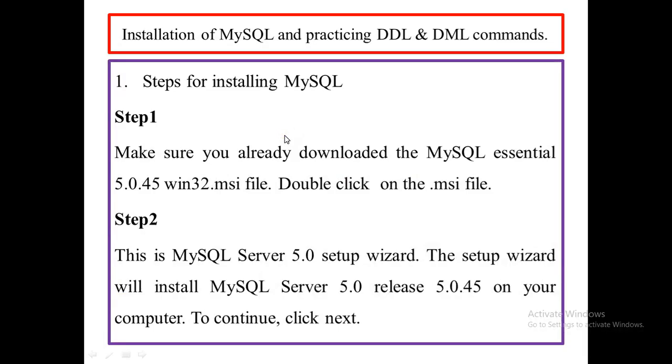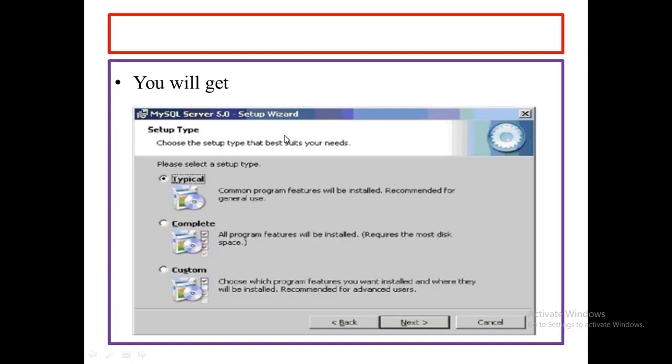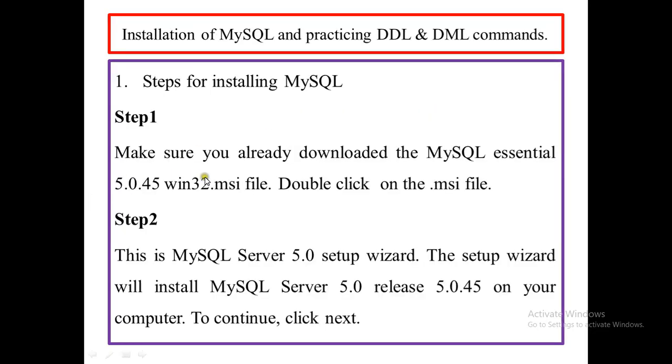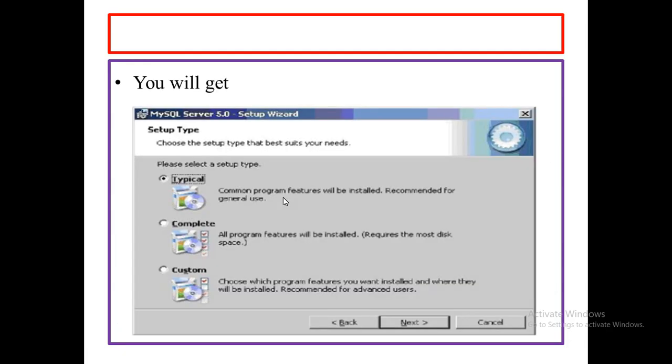Good. So after you install, you may follow these steps. The first one, as I have said here, is to download the MySQL Essential 5.0.45, and when you double click, you are going to get the second step.